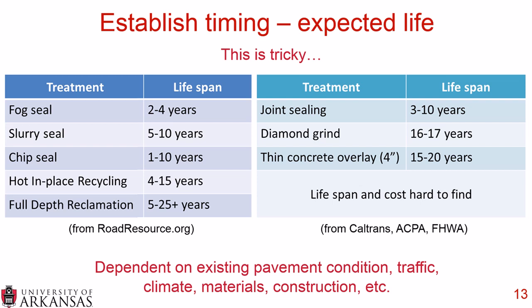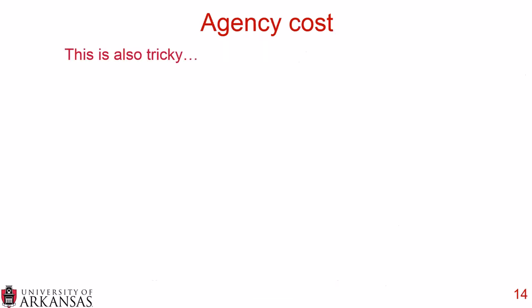The traffic, the climate, materials used, the construction practices, and so on. So there are a lot of different variables that go into determining what the potential lifespan is of any one given treatment.